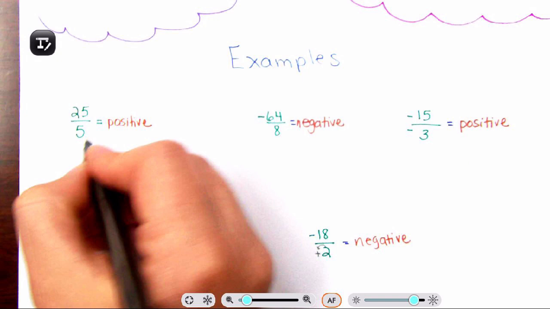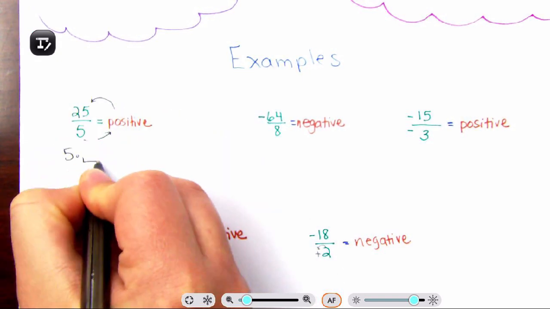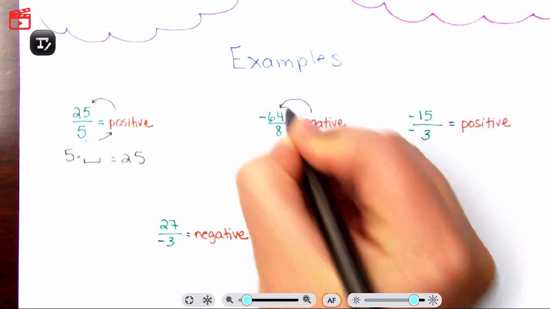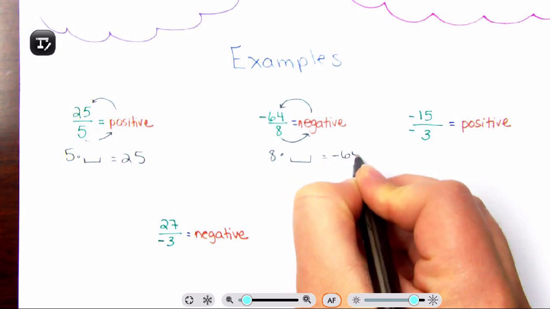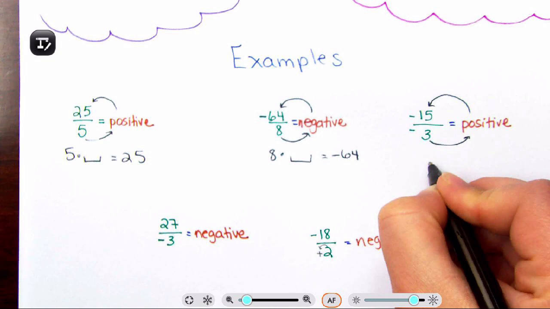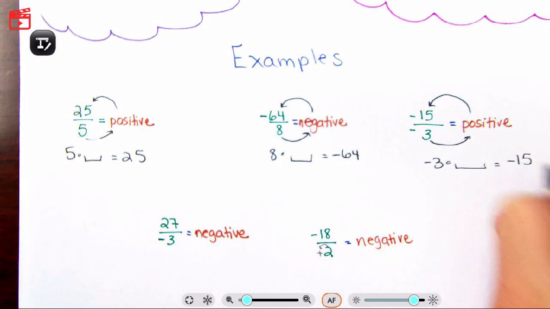So we have this and this. 5 times what is 25? 8 times what is negative 64? Negative 3 times what is negative 15?